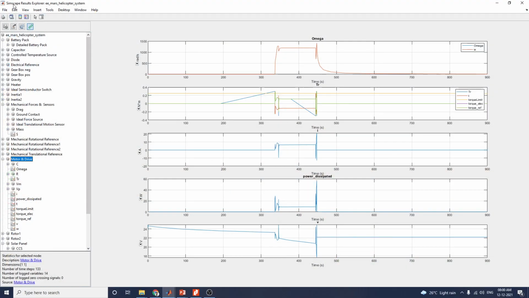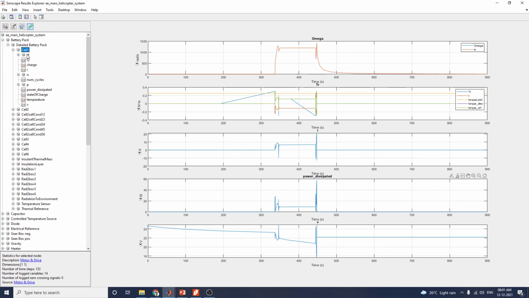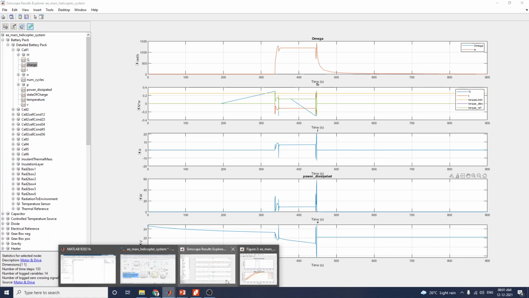Also by using the Simscape Results Explorer, you can see the motor drive subsystem outputs. It shows omega values, torque limit versus torque reference, and power dissipated versus time. Also it describes the detailed battery pack, and what the value of cell 1 is, the Q value, the charge value, you can see.